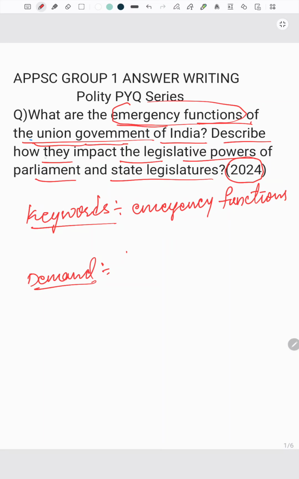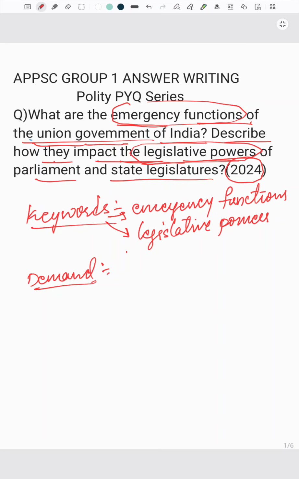Next, describe how they impact legislative powers. Legislative powers, right? So these are the two keywords that you need to ensure you address while you are writing the answer.